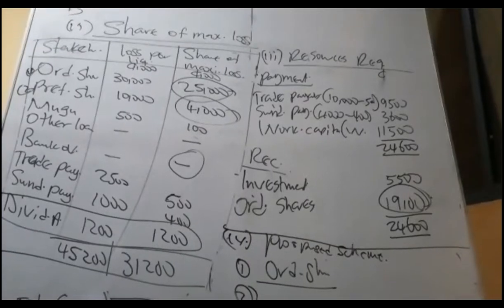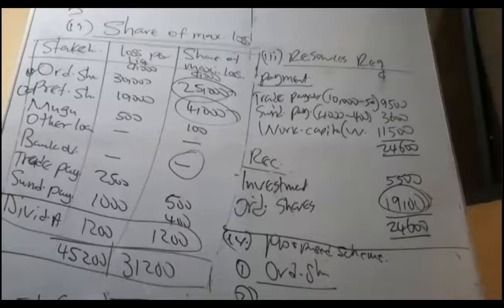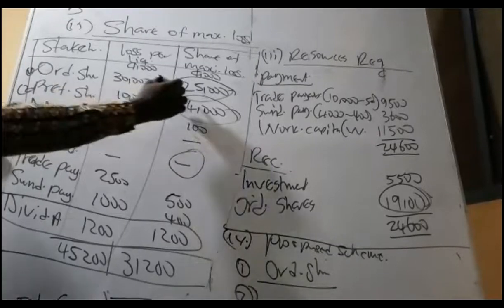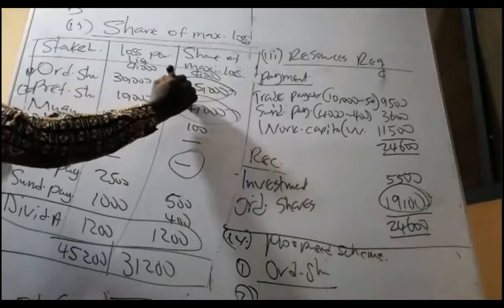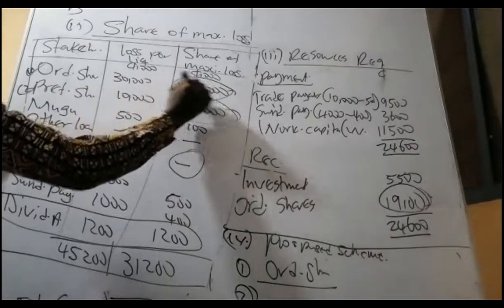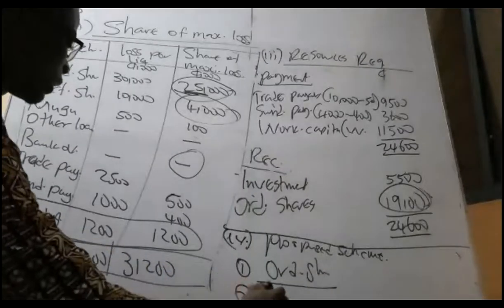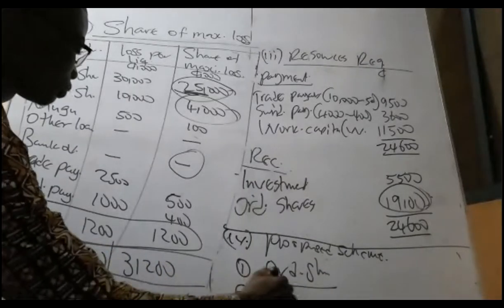Now we are going to the preference shareholders. The ordinary shareholders, we are repeating the ordinary shareholders. They should agree to waive off 25 million. Please, you have to write it like this.